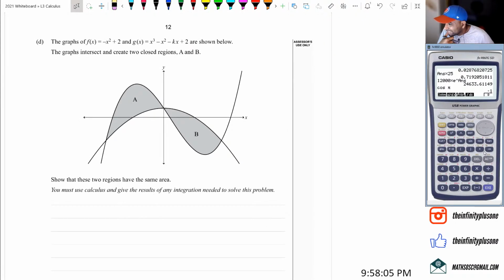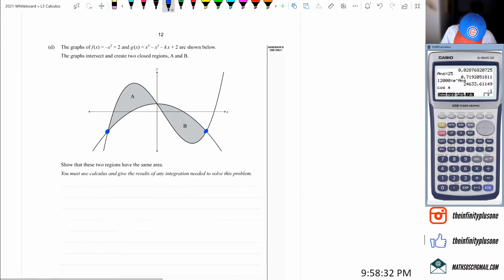It's all right. All right, so last question. This is 2015, right? The first thing we've got to figure out is these 2 points right here. To figure out those 2 points, we need to put both of these equations equal to each other.